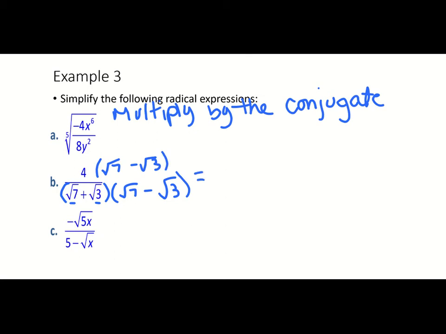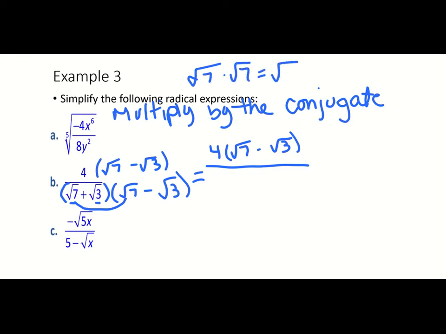Now, on the top, I would leave it 4 times the square root of 7 minus the square root of 3 right now because it's already factored, so it makes it easier to simplify. And then on the bottom we multiply. We'll FOIL. So the square root of 7 times the square root of 7 gives me the square root of 49, which simplifies to the whole number 7.